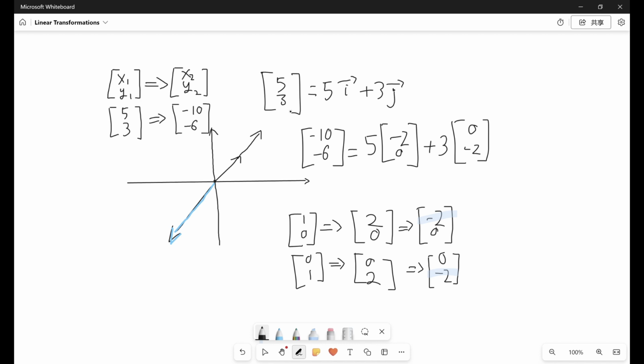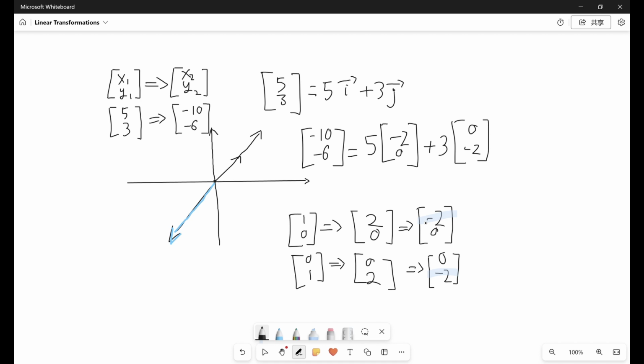So after you transform the whole coordinate graph into a new graph using linear transformation, the origin stays the same, and the lines are still straight and parallel to each other and evenly spaced.